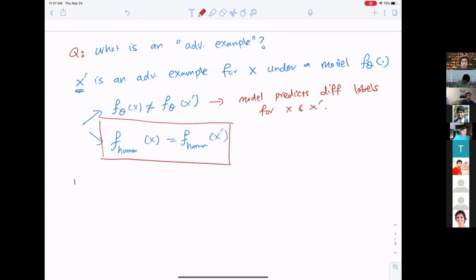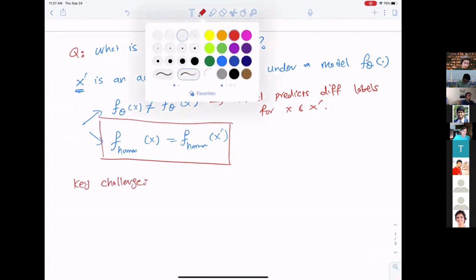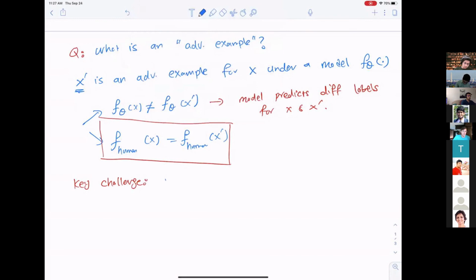But the key challenge is that we don't have a precise mathematical function or definition of human perception.